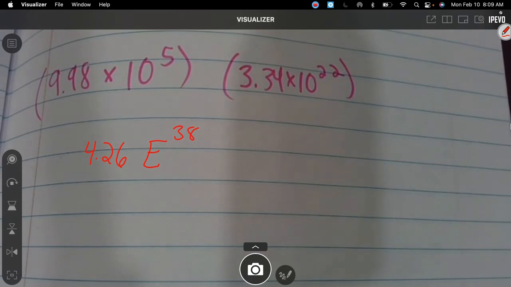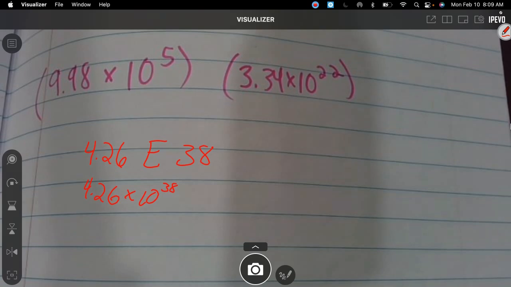That means 4.26 times 10 to the 38. That's how your calculator would give you the answer: E38. It means this is scientific notation. That number is too big or too small to fit on the calculator screen, so it does that. Does that make sense?